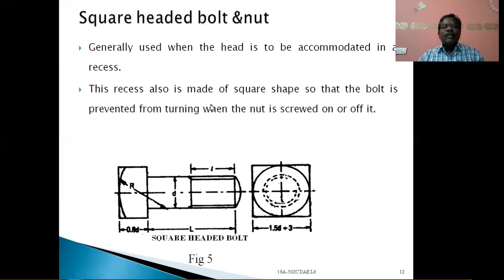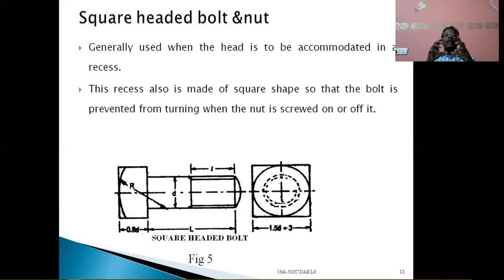This recess also is made of square shape so that the bolt is prevented from turning. It is generally used to accommodate the head in a recess, and the recess is made in the square shape so that the head automatically seats within the recess on its own.